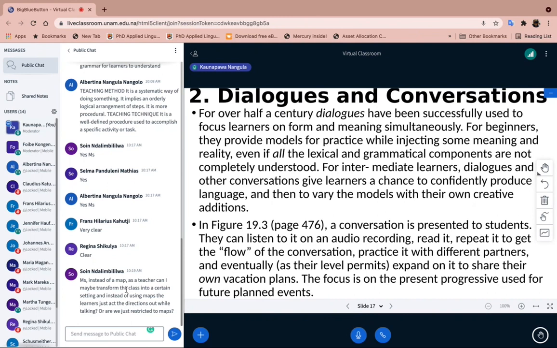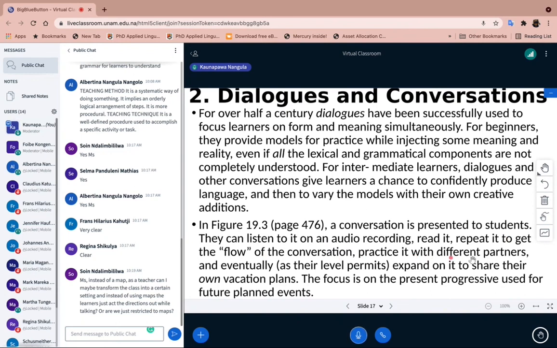All right, moving on. So we have on page 476, figure 19.3, a conversation that is presented to the students. They can listen to it on audio recording or read it or repeat it to get the flow of the conversation.